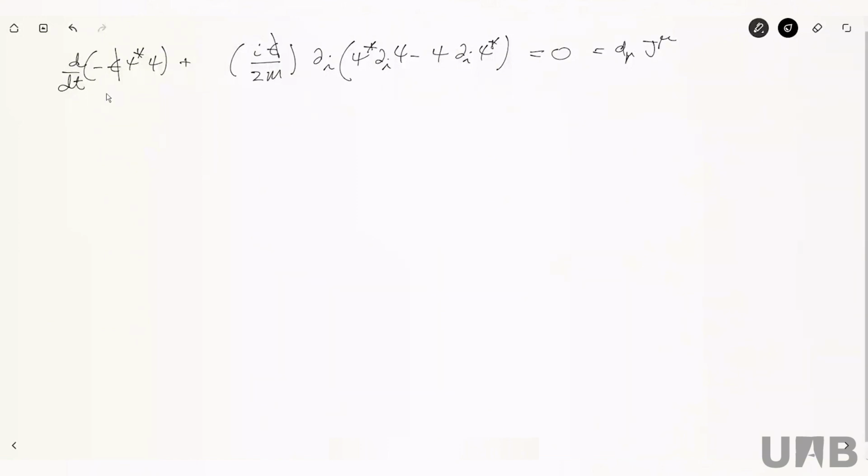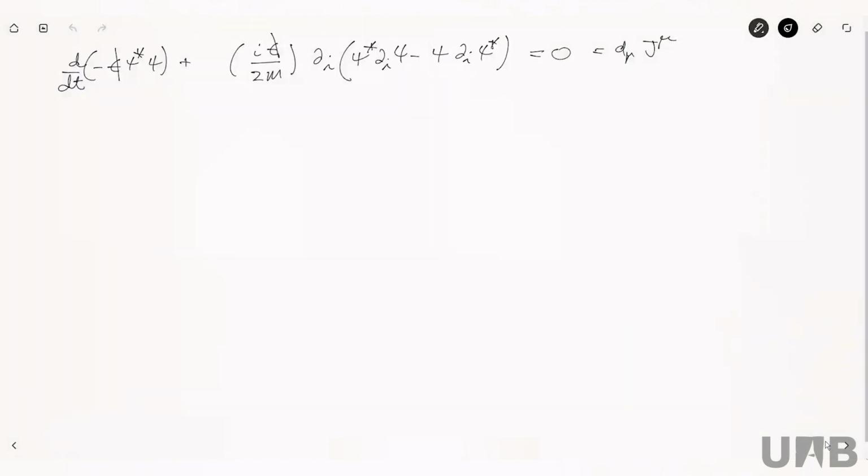What I find, multiplying everything by minus 1, is d/dt of ψ*ψ minus i over 2m times the divergence of this vector, ψ*∇ψ minus ψ∇ψ*, equals 0.